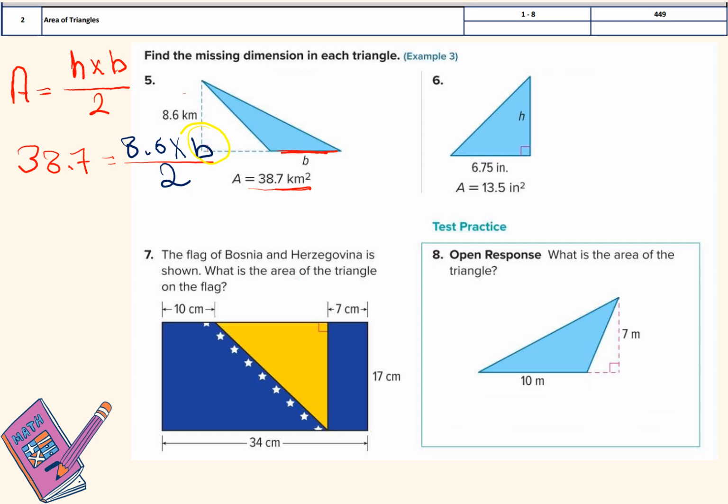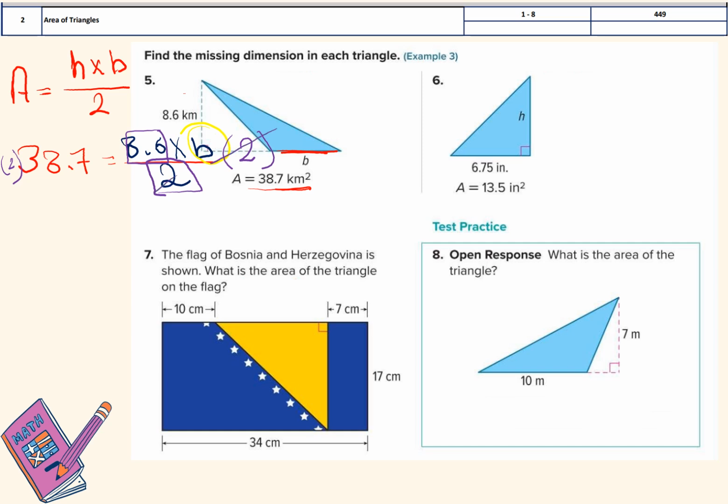We need to get rid of 2 and 8.6. b is divided by 2. The inverse operation of division is multiplication. So I need to multiply both sides by 2. And this is very important in these questions. Whenever we find missing values, missing dimensions, base or height, when the area is given, we need first to multiply both sides by 2. We need to get rid of 2.